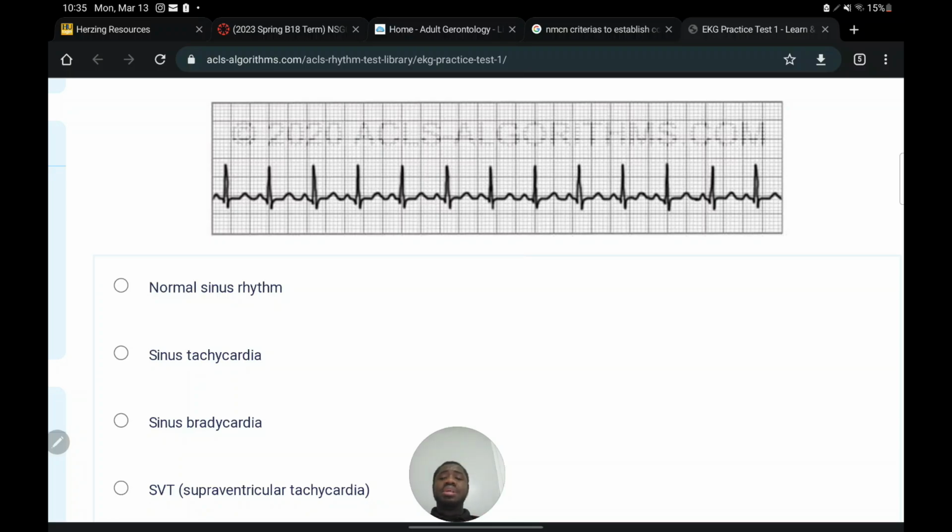Sinus tachycardia, we have P wave, QRS complex, and T wave, but the rate will be fast and faster.